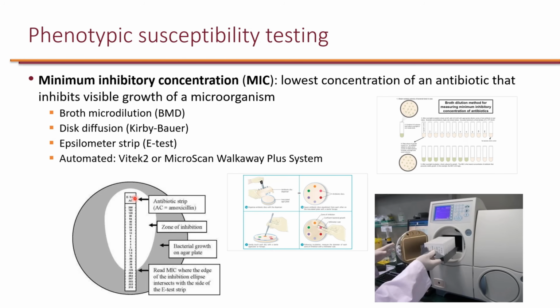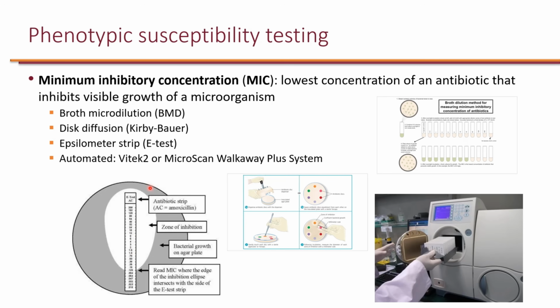The way the E-test works is similar to disc diffusion. The difference is that instead of placing discs and then measuring the zone of inhibition, you put a test strip. There is a strip that has a given antibiotic at different concentrations. You can see that at the top, it has a very high concentration of antibiotic, and the more you go down the strip, the concentration drops.